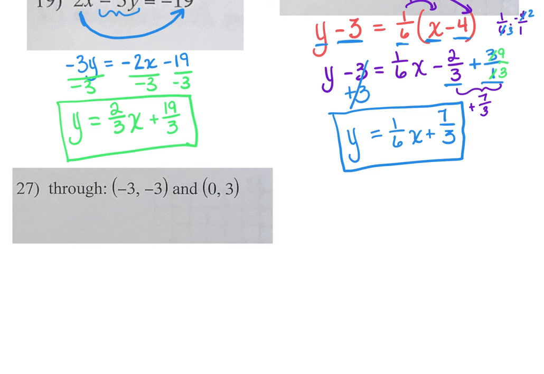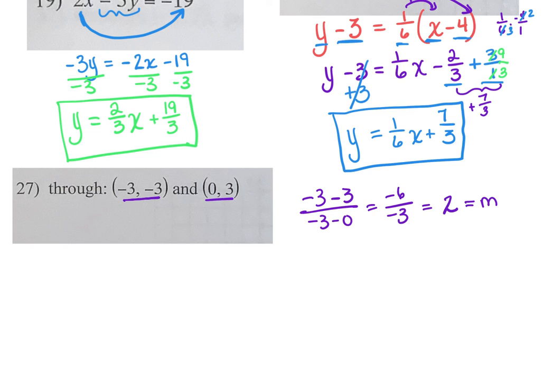So I'm going to say y, so negative 3, y1 minus y2 over x1 minus x2. Negative 3 minus 3 is negative 6 over negative 3. That reduces to positive 2. So I know my slope is 2.